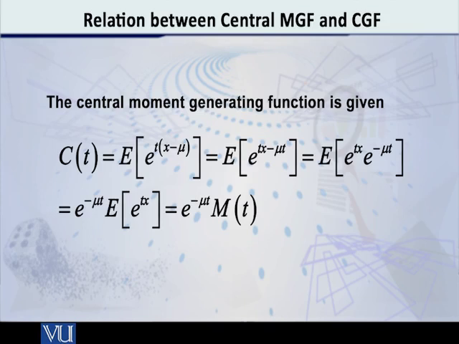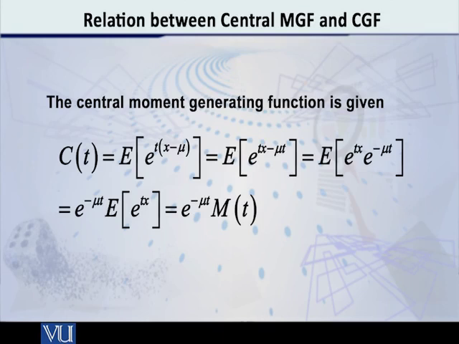So that can be written as the expected value of e raised to tx minus mu t. आप वो जो bracket है उसको खोल लें.